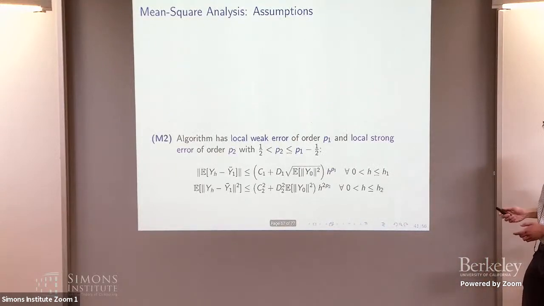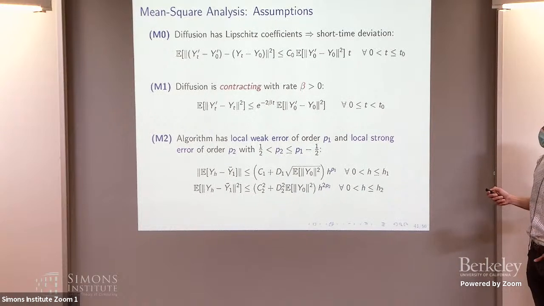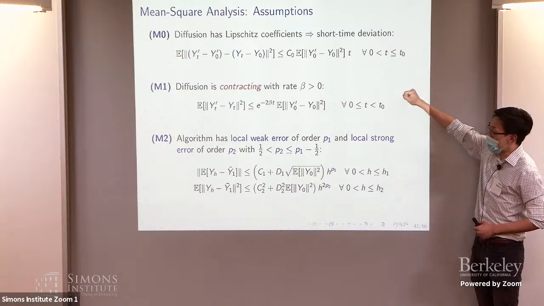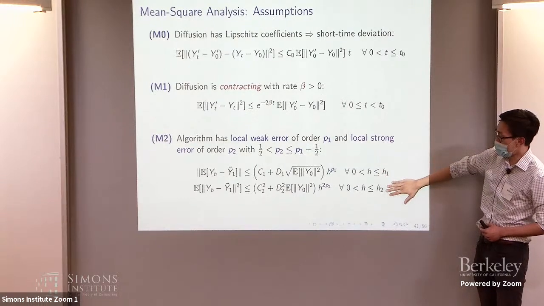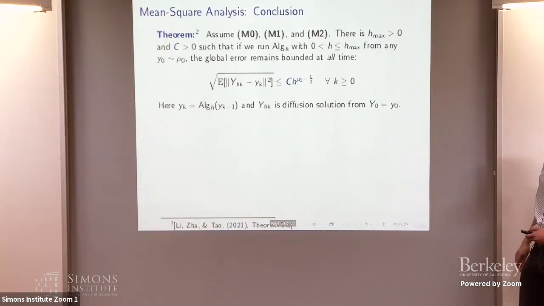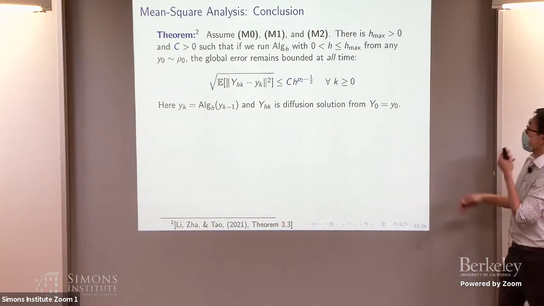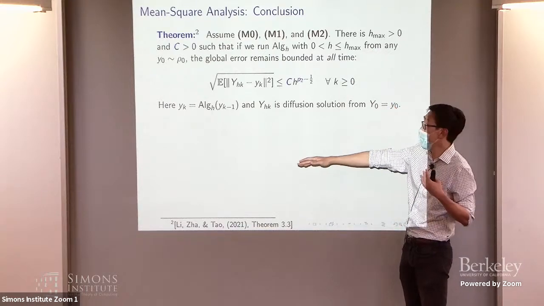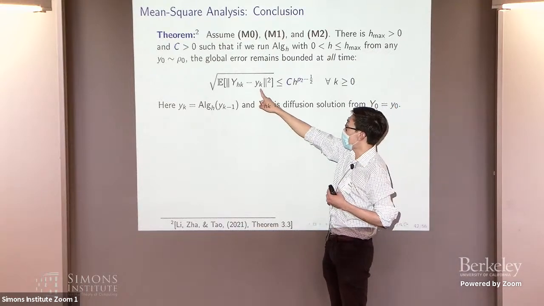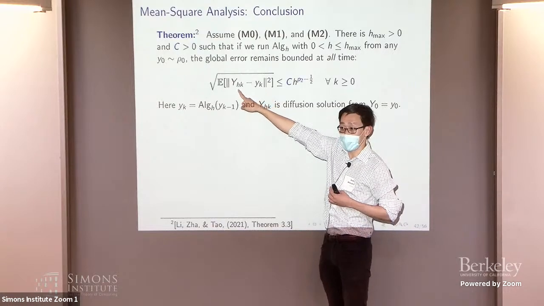So here are the assumptions for the mean square analysis: the important part is that the continuous time process is contracting and your discrete time algorithm has bounded error orders. Now the conclusion is that there is a maximum step size such that for all time, you can bound the error between your discrete time algorithm and your continuous time solution.